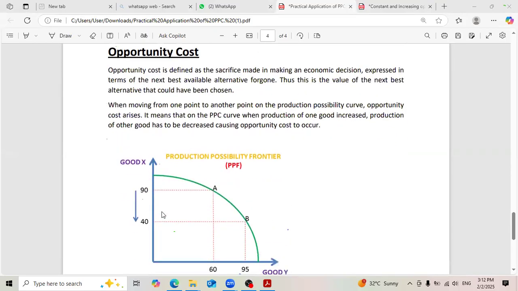Or else you can use this note as it is on the space. A note for opportunity cost. Graph first, then this small explanation.